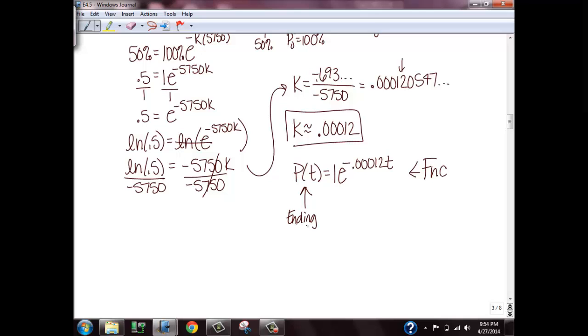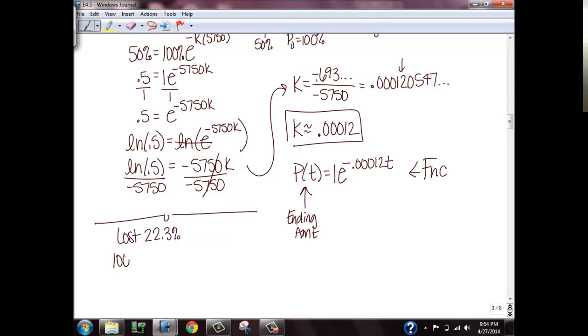ending amount, right? So here, let me go ahead and do this so you know we're working a new problem. If we know that it lost 22.3% of its carbon, we need to know how much does it have. What is its ending amount?